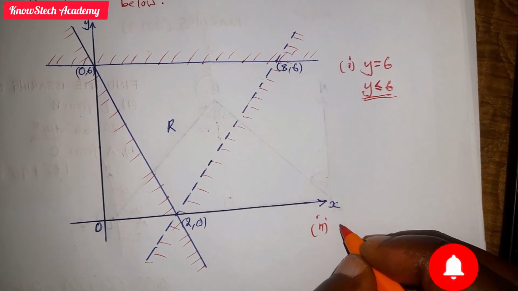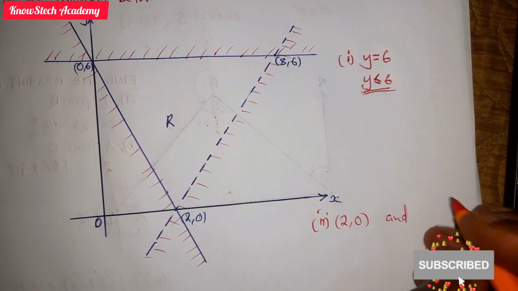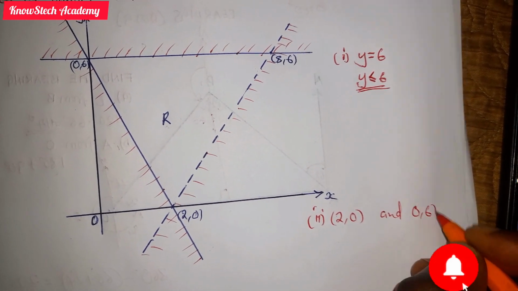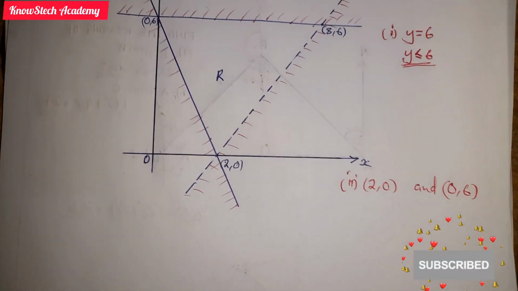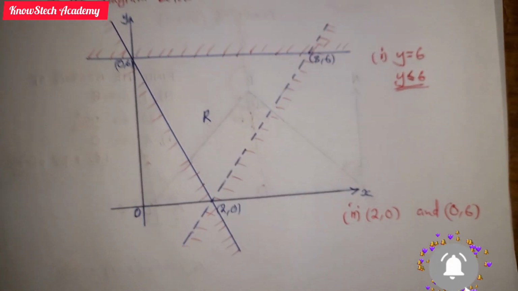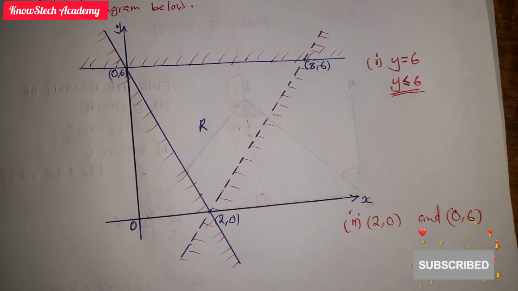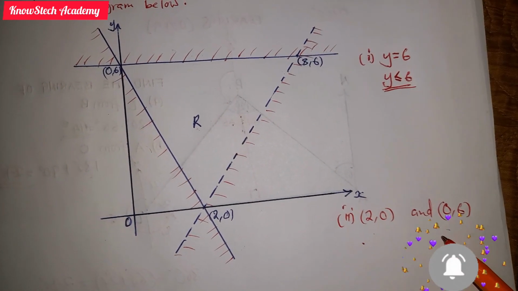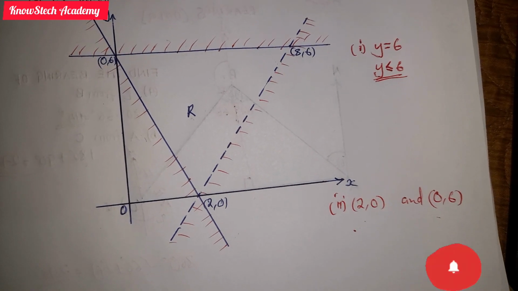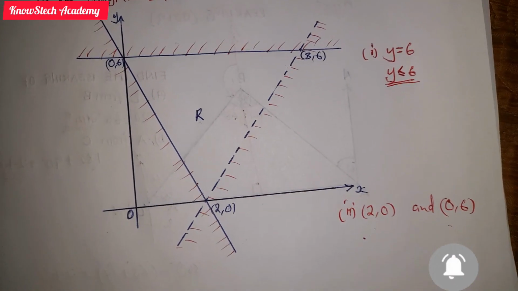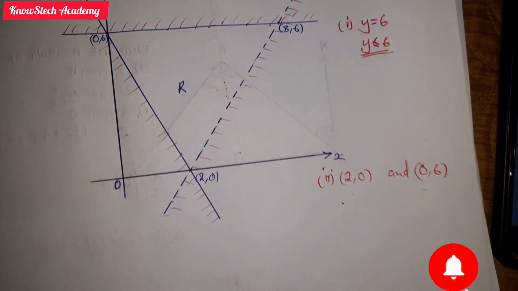So I'll just write 2,0 and 0,6 like this. When you have two points, to find the equation of a line, we can either first find the gradient, then use the gradient to find the equation, or you can use this formula, which will help you solve the gradient and the equation at the same time.